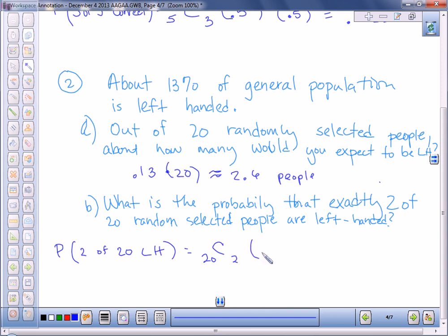And failure, and how many failures? 18. So what would it be? Very good.